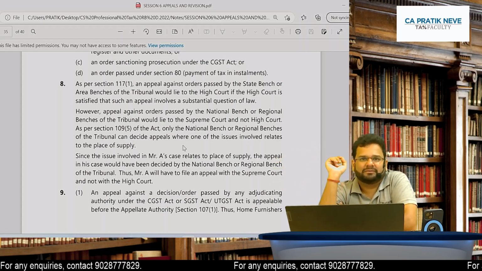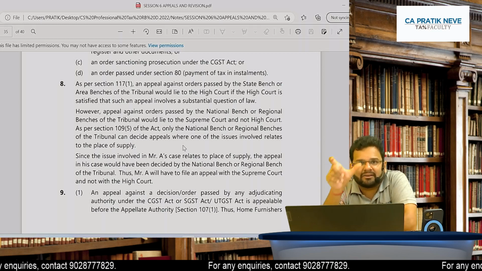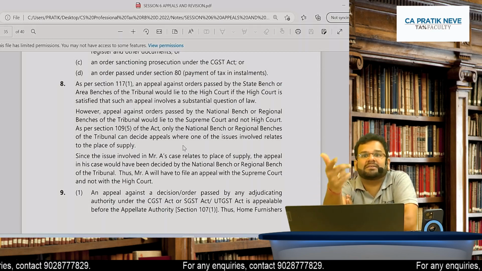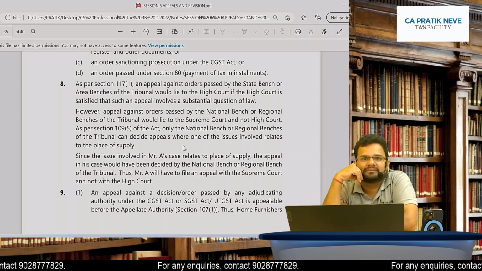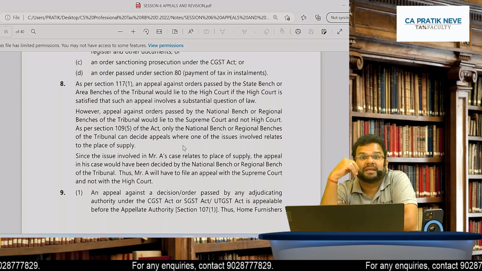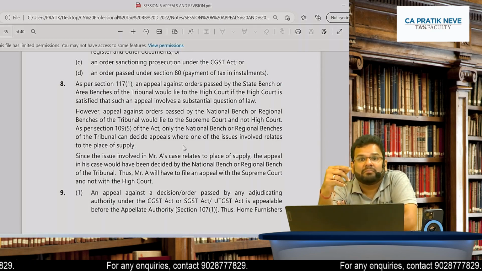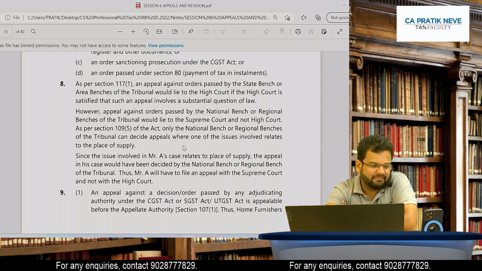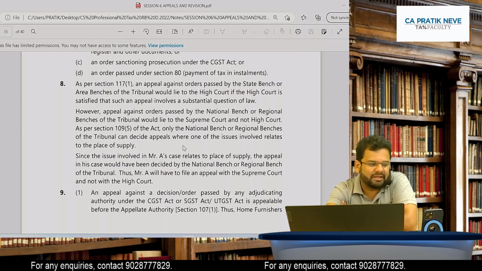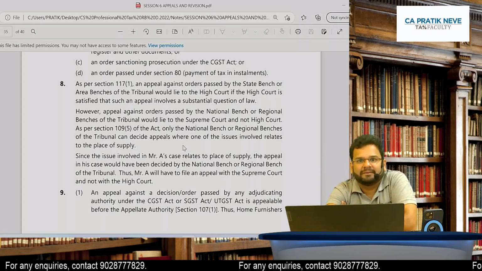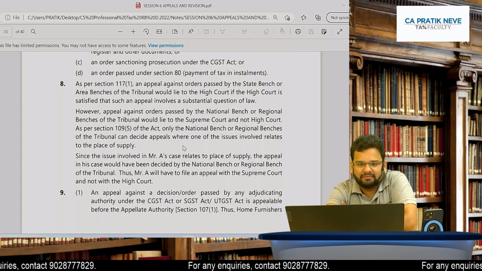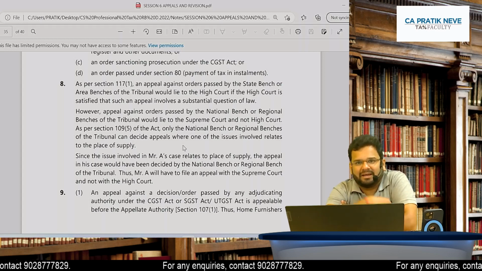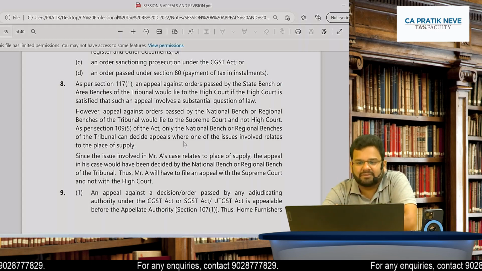Same logic, because where state authority is involved, they cannot take a stand on place of supply, because that decision might go beyond the boundaries of their state. Yes, very good. It can be biased, right? In an India-Pakistan match, Indian umpires are the only ones there. It can happen in cricket, but here it cannot happen that way.